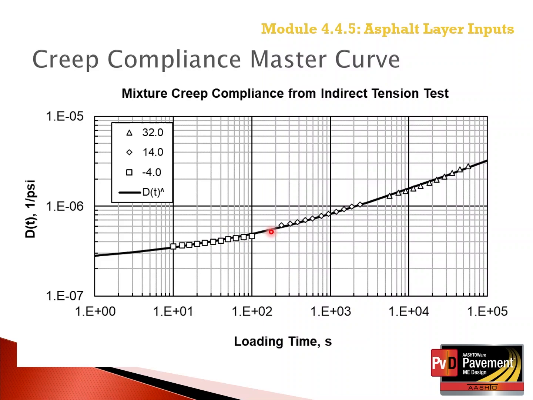In other words, there's less buildup of tensile stresses the higher the compliance of the mixture. So the tensile stresses from a drop in temperature are lower with higher creep compliance values.